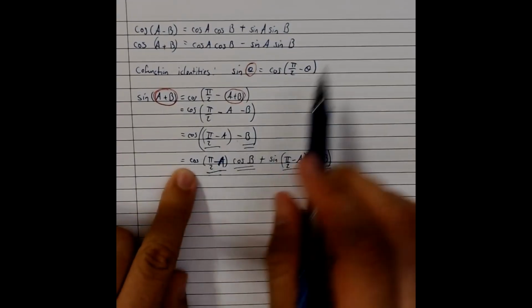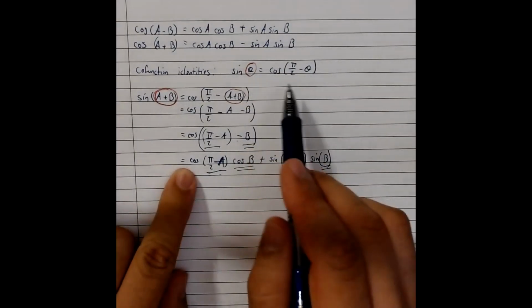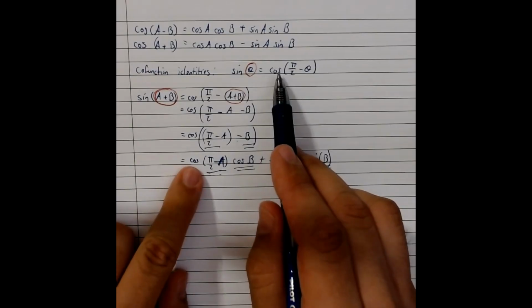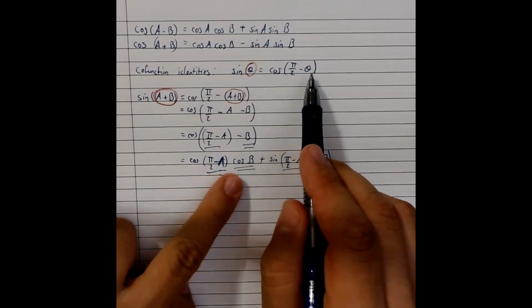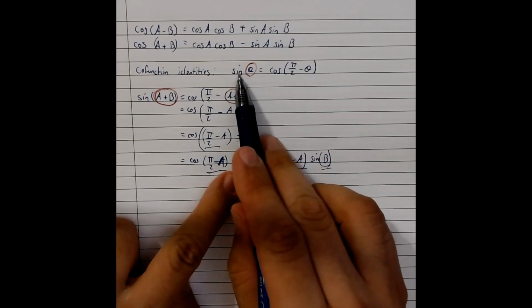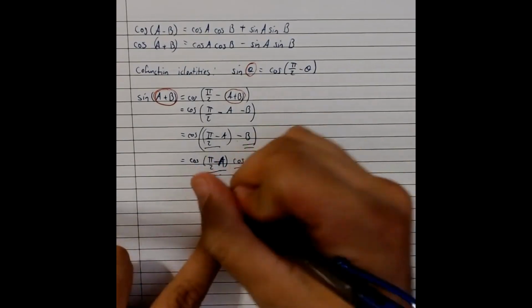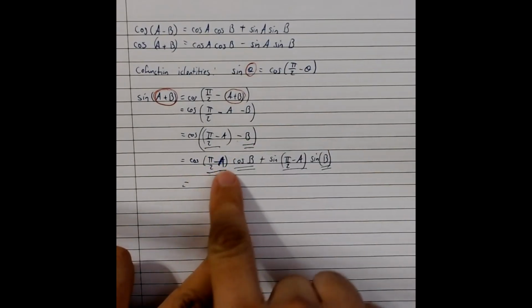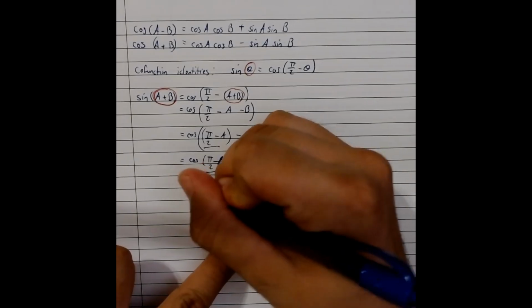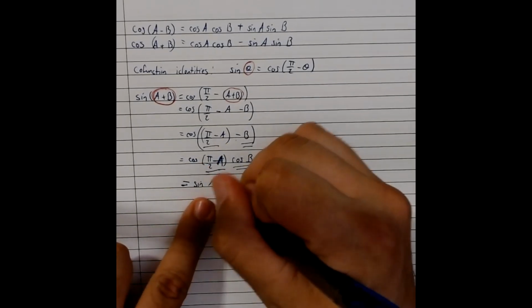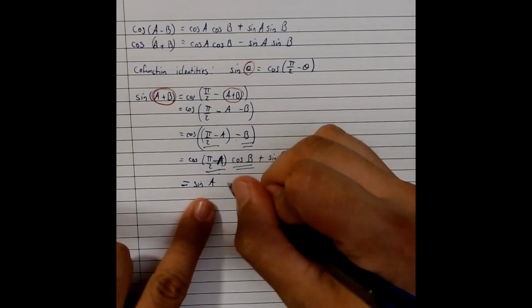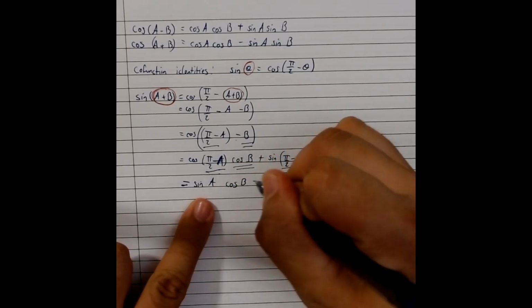Well, yeah, but that's a cofunction identity. The cosine of pi over 2 minus A is the sine of that same angle, in other words, the sine of A. So here, cosine of pi over 2 minus A, that's the cofunction identity. That's the sine of just A. Here, I'm going to leave cosine of B alone.